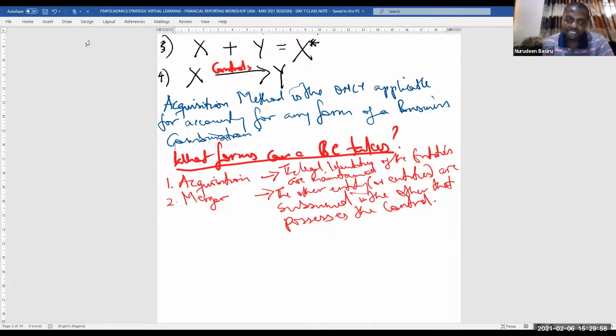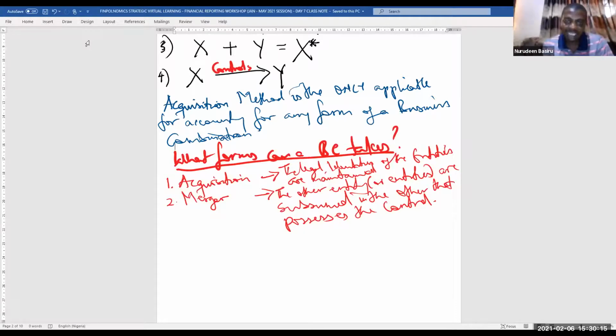The entities will still be operating with their own names, just like NIPCO and Mobil that you used as an example. That is for acquisition.